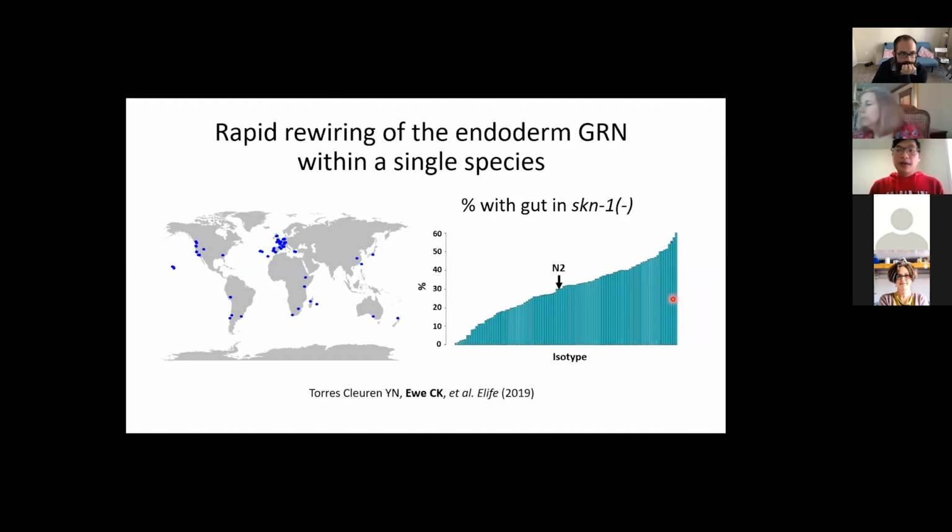And N2, everyone's favorite strain, sits right in the middle of the spectrum. I wanted to add that we have confirmed these results with chromosomal mutations, showing that these variations reflect differences in the GRN input per se and reveal surprising plasticity in the endoderm GRN.